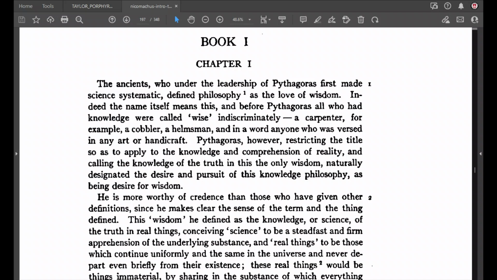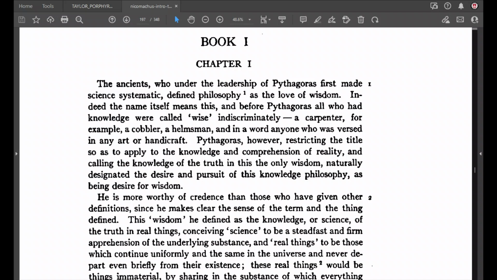The ancient philosophers defined philosophy as the love of wisdom. Sounds familiar, right? That's how we've always defined philosophy. Philosophy is the love of wisdom. That's how the ancient philosophers following Pythagoras defined philosophy.